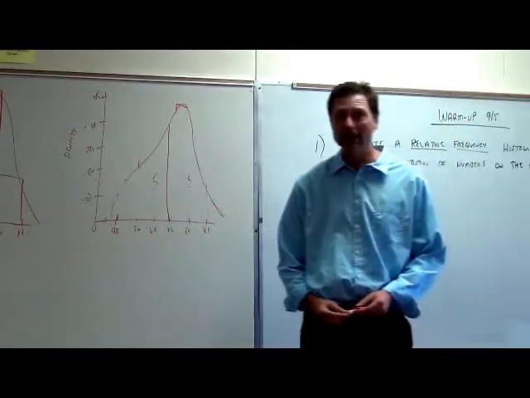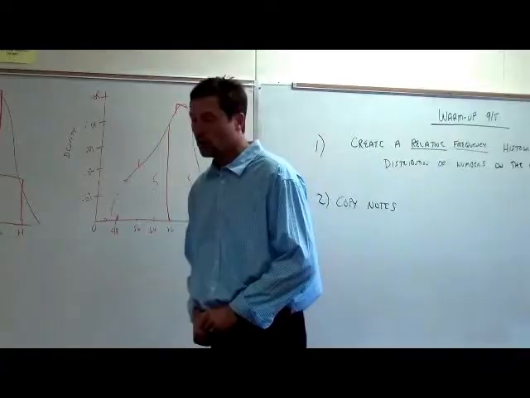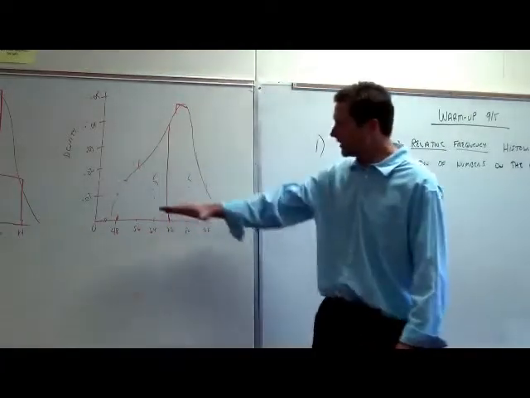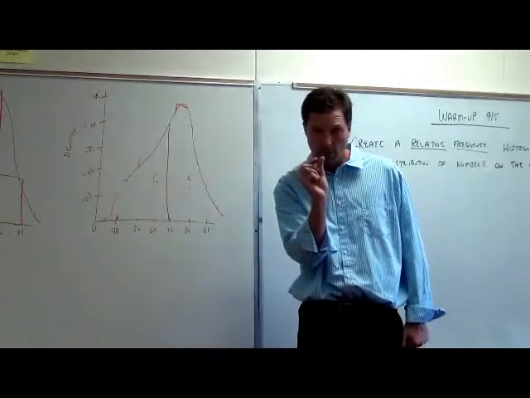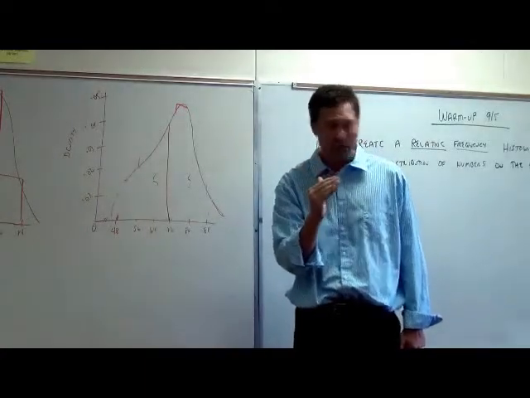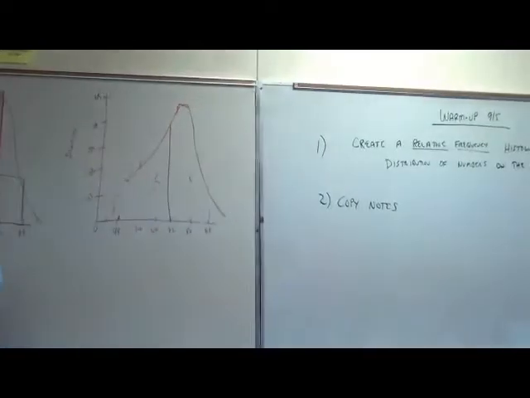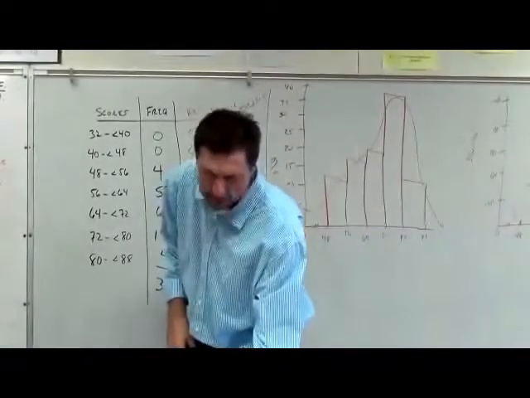Now the mean is a little bit trickier. Let's say this was a teeter-totter. Where would you put that fulcrum so that it would balance? And to get a better example, go ahead and open up your books to page 82.